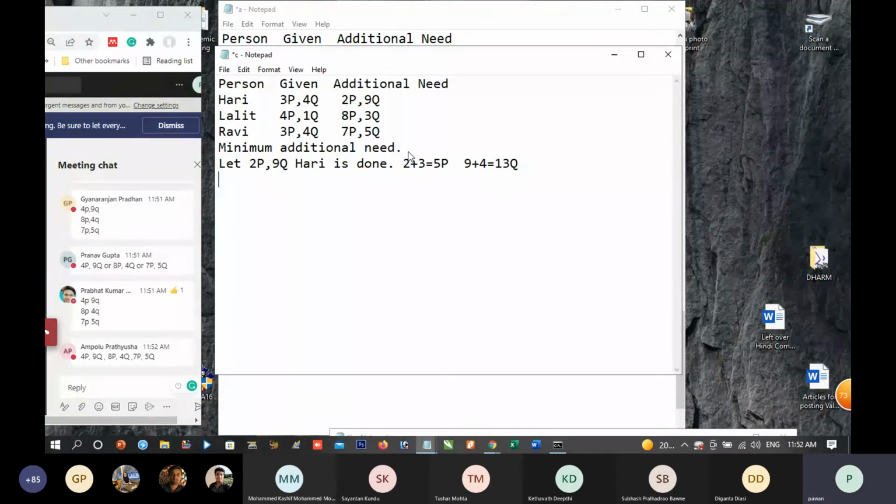At least 7 P's are required to complete Ravi. At least 7 are needed for Ravi. So 4P and 9Q, let 4P 9Q available.